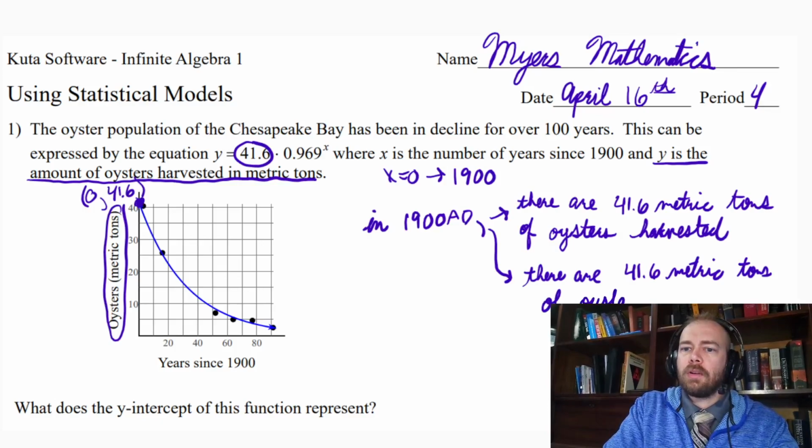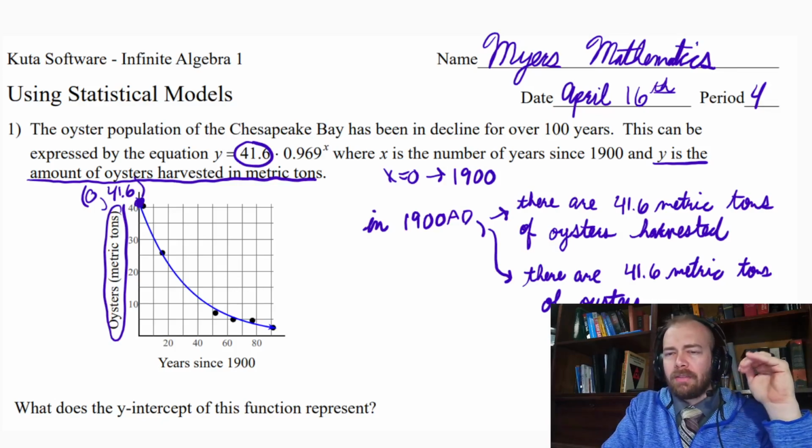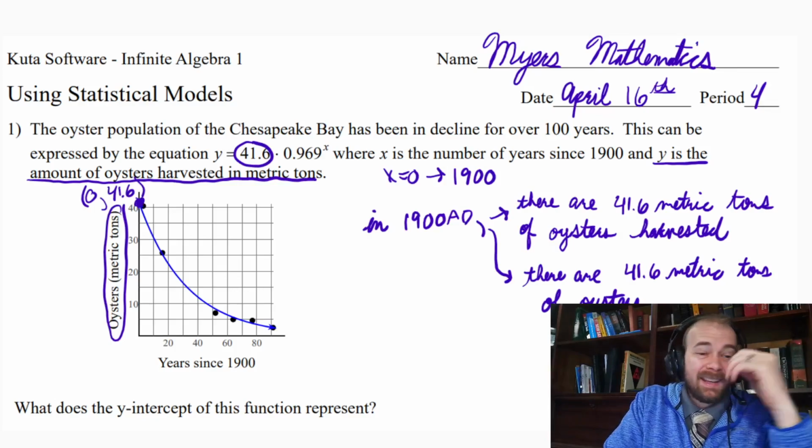Notice that's almost exactly the same thing, but I add the word harvested. It seems like that's what they're looking for, that it's the amount of oysters that are harvested, not the ones that exist in the ocean.